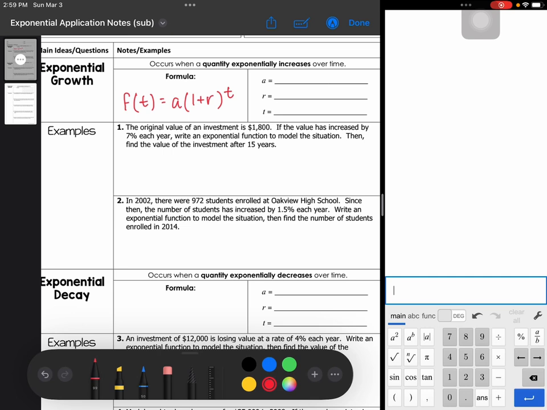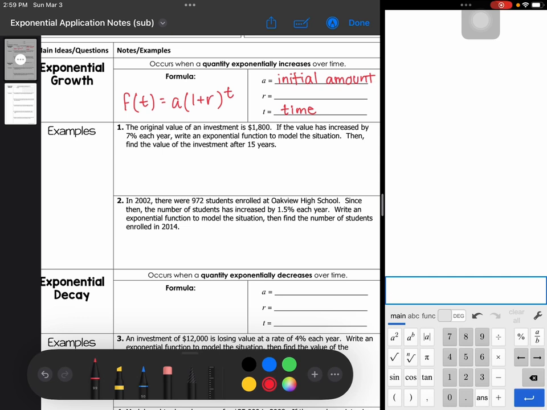So f of t is just saying a function of time because t stands for time everywhere we see it. So it's over a certain amount of time that we're going to see growth. A is always the initial amount or the starting value. So how much does our function start with?